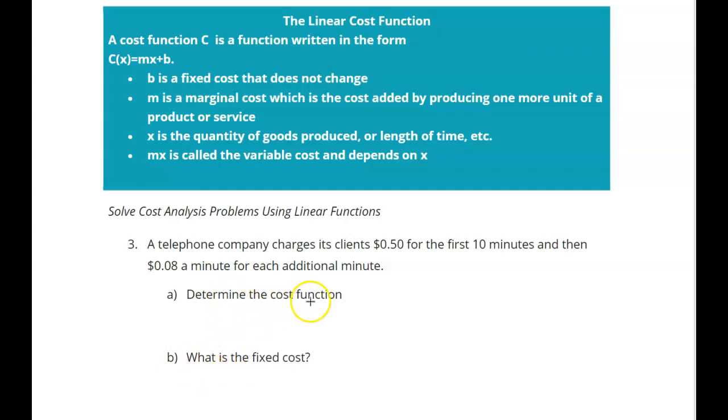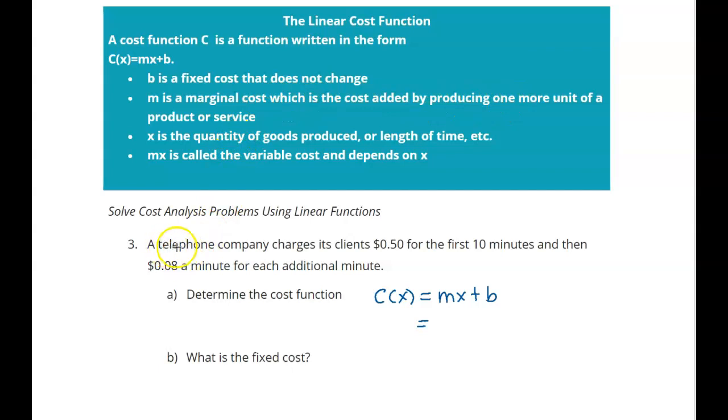So to determine the cost function, we are just going to follow the formula C of x equal to mx plus b. And then we will identify what the slope is. So m is the marginal cost, this is the cost added by producing one more unit of a product or service.